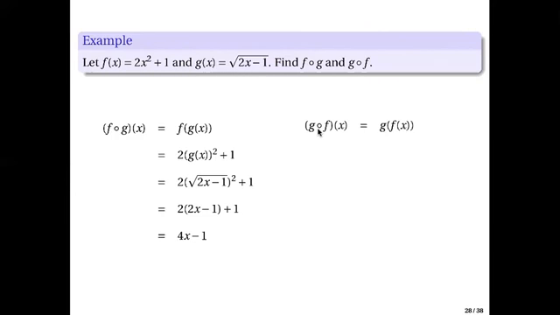Okay? So this time, you have the function G here. You have the function F here. You replace the x's in the function G with your f of x. So you have square root of 2 times f of x minus 1.